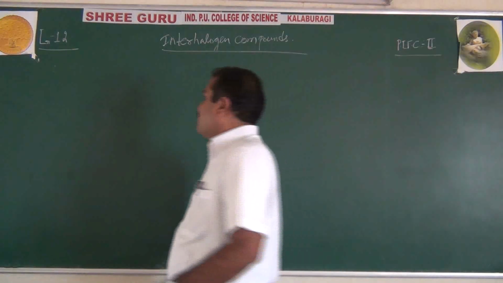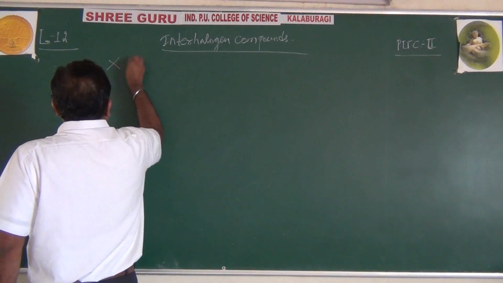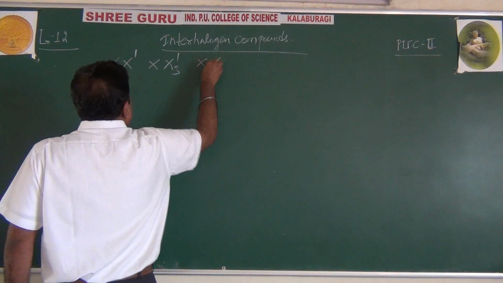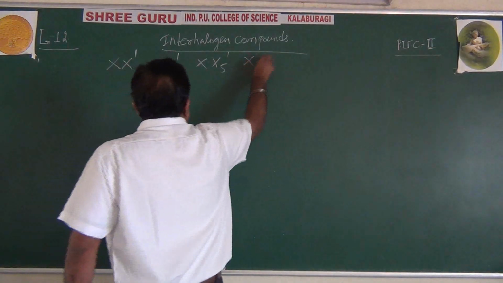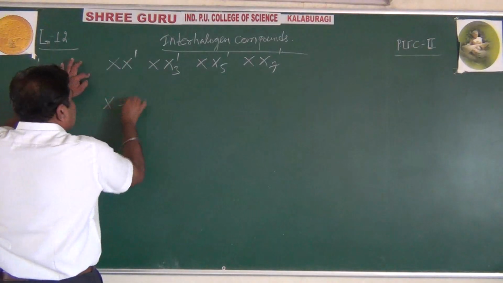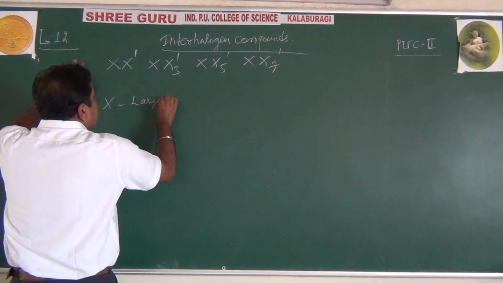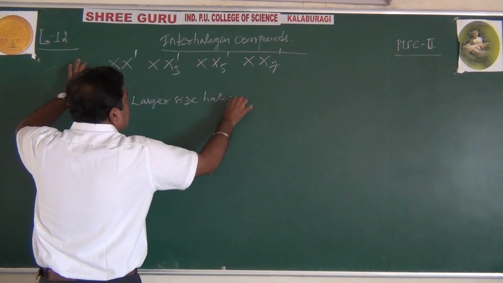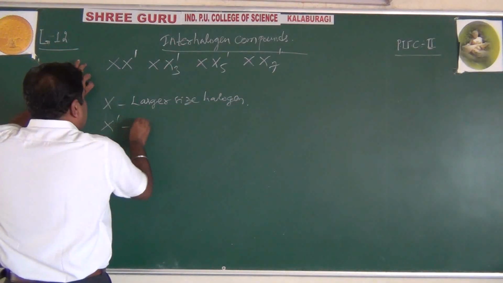These are represented by the general formulas XX', XX'3, XX'5 and XX'7, where remember always X is the larger size halogen and X' is the smaller size halogen.